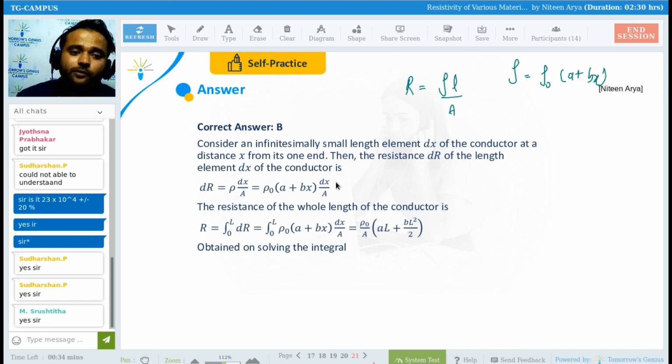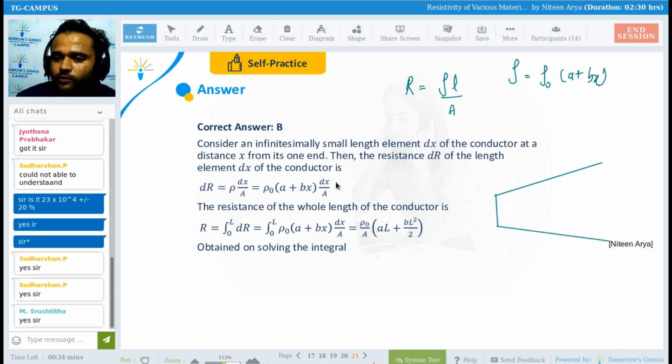And in that particular relation, I'm not going to draw it for a while. What we do in this kind of scenario is take this kind of length element. This is your dx.